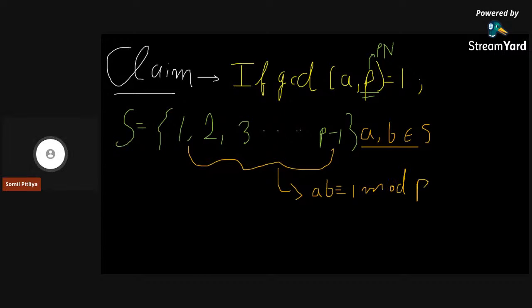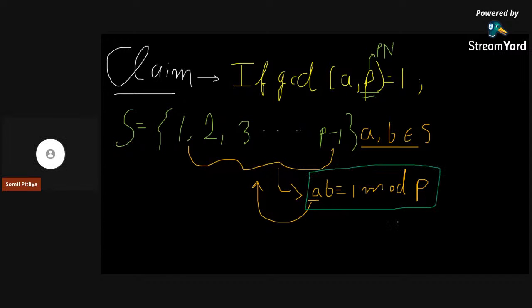So if I take a number a from the set S, then there always exists a number b such that ab is congruent to 1 modulo p, or we can say that there always exists the inverse of a in the set S only.